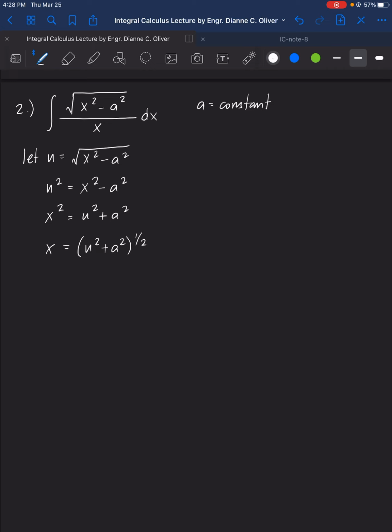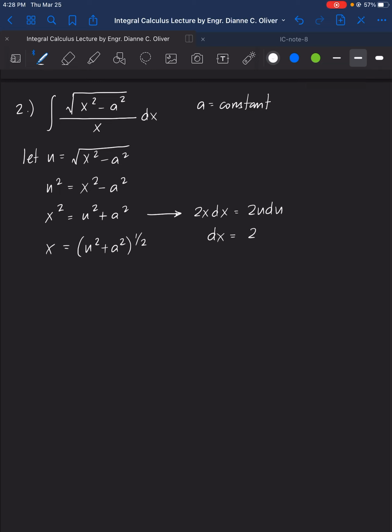Since we were able to get the value of the square root of x squared minus a squared, we have x. How about dx? We will find dx here in this portion. 2x dx equals 2u du.